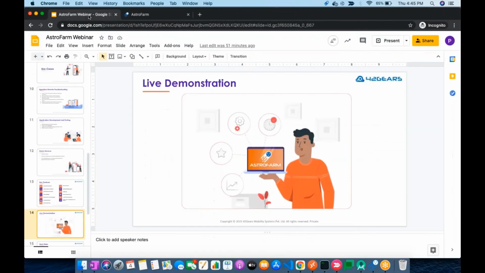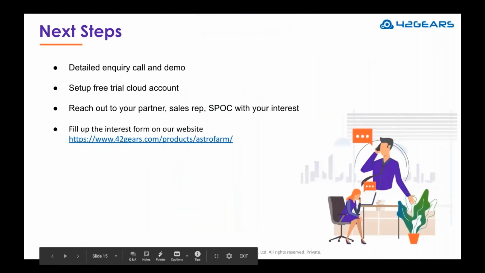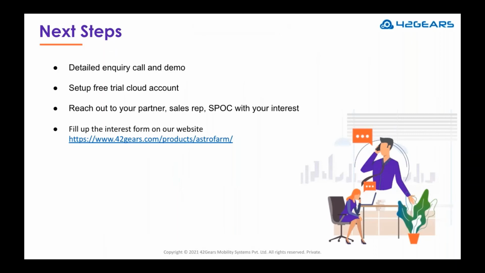Let me switch back to the slide and present it again. In case whatever we talked about and showed looks interesting to you, as a next step we can set up a detailed inquiry call and a detailed demo, and listen about your particular use case and see how this product can fit your needs.